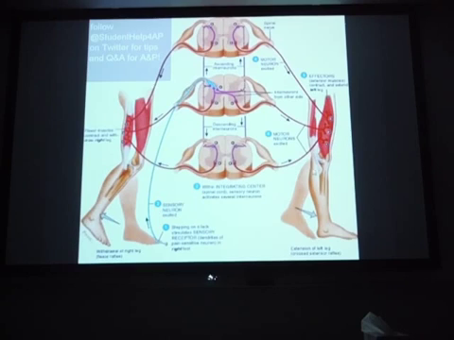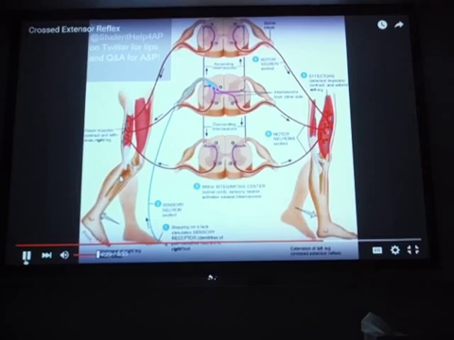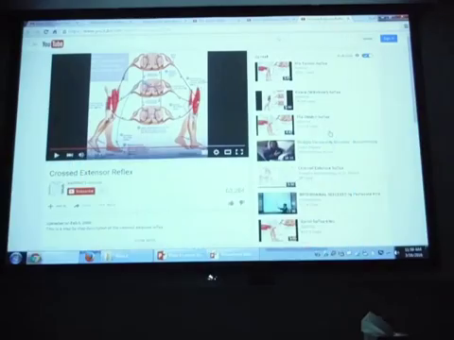So that way, the body can balance itself on the opposite leg, while the ipsilateral leg is being withdrawn from the harmful stimulus. And again, we would have reciprocal inhibition, in this case of the hamstring, so that the extensors can do their job.